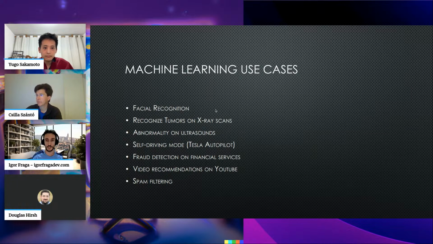It can be used a lot, especially in healthcare, to help in diagnosis by recognizing tumors on X-ray scans and abnormalities on ultrasounds. This is really interesting. You can see how many lives can be saved by applying machine learning just by recognizing the symptoms of illness earlier, and treating them at an earlier stage.